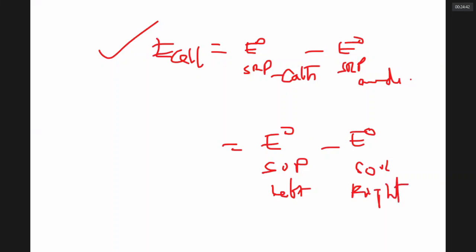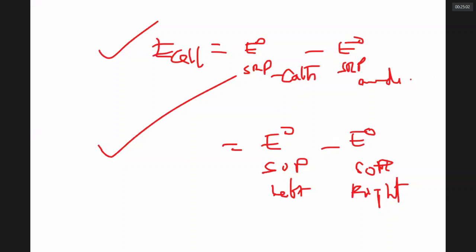Normally, E right minus E left will become E left minus E right if I am taking oxidation potentials. By oxidation potential, we mean the potential with which it can undergo oxidation. But internationally, standard reduction potentials are taken as standard.